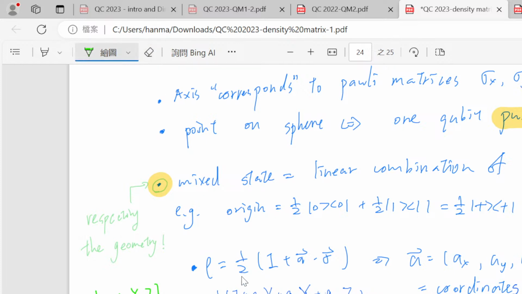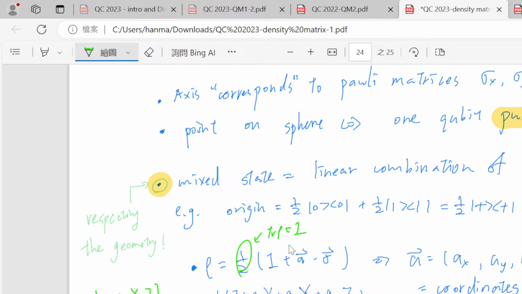This 1/2 comes from trace rho equal to 1, because the trace of all sigmas equals 0, and so the trace of rho is just this 1/2 times the trace of identity, and the trace of identity is 2 because it's 2 dimensional. So this 1/2 comes from trace rho equal to 1.